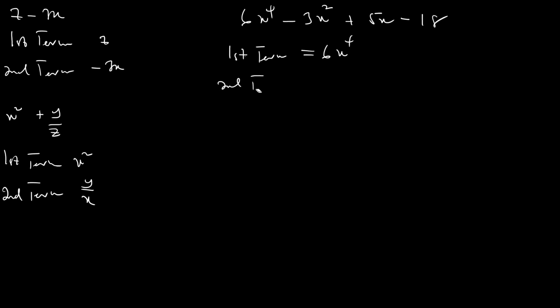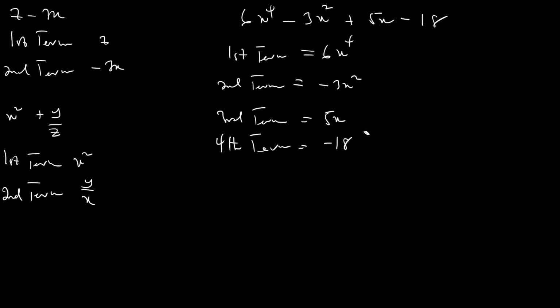The second term is minus 3x squared. The third term is 5x. And the fourth term is minus 18. So each algebraic expression has several terms.